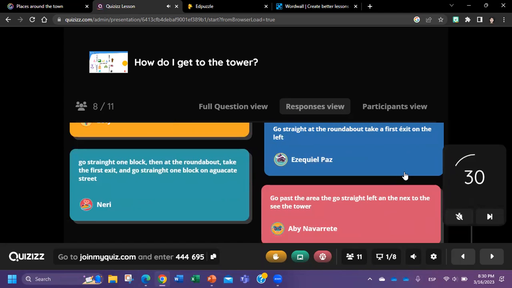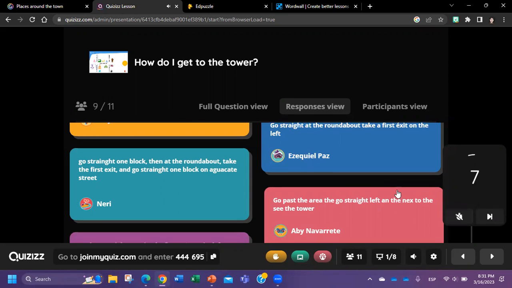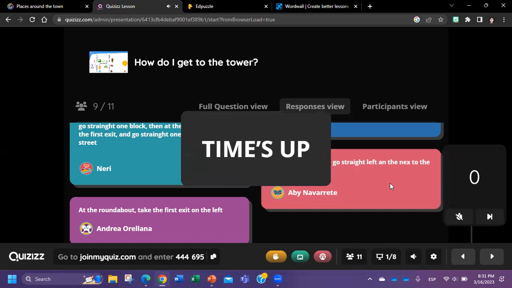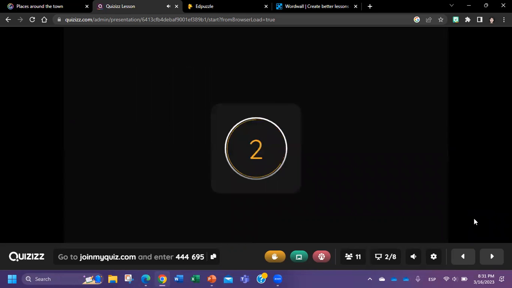Go past the area, then go straight left next to see the tower. Okay. 10 seconds and we continue with the next. Take the first exit on the left, okay? Time is up. Okay, next slide.